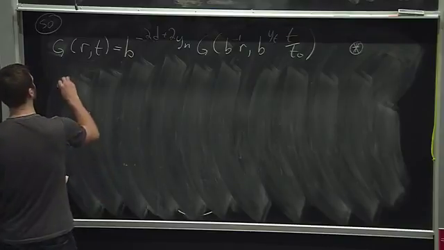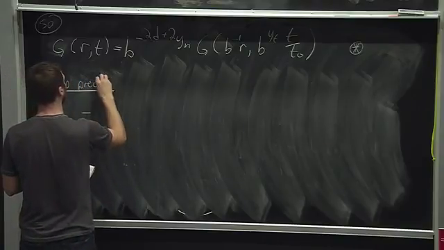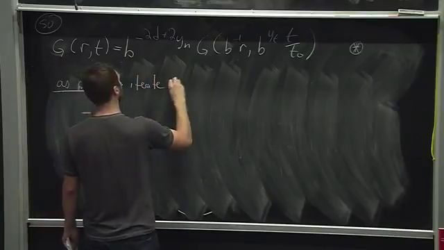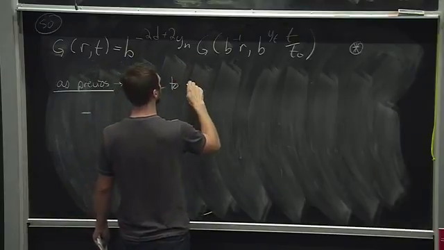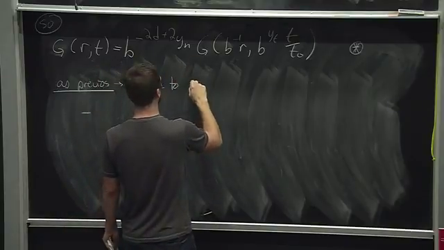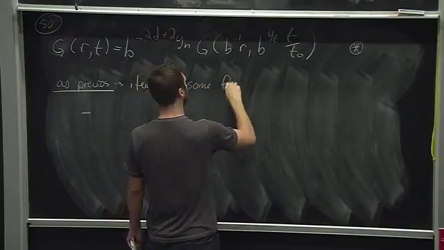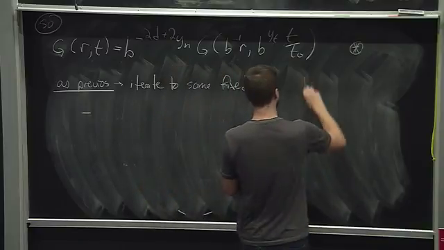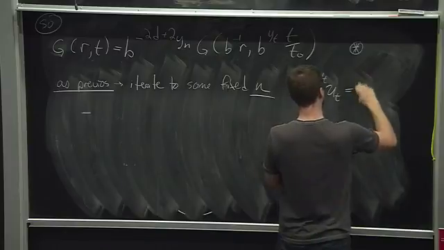This is only for n equals 1. Iterate to some fixed large n. Remember, it's b to the n, yt, ut.